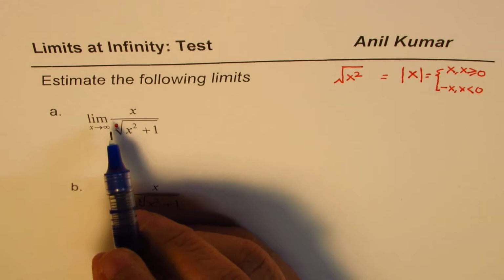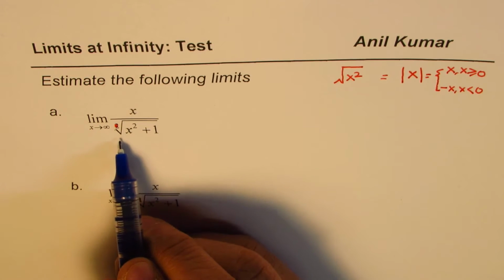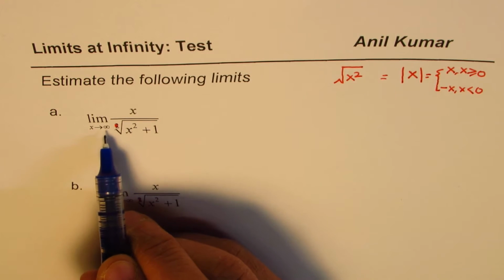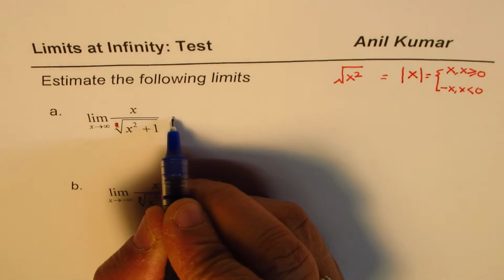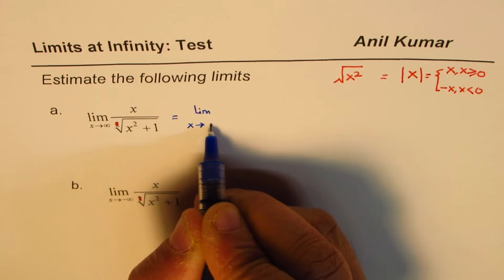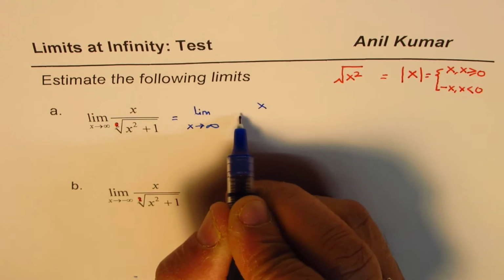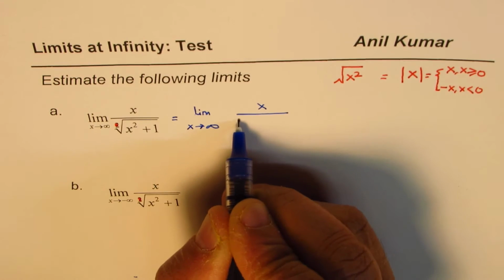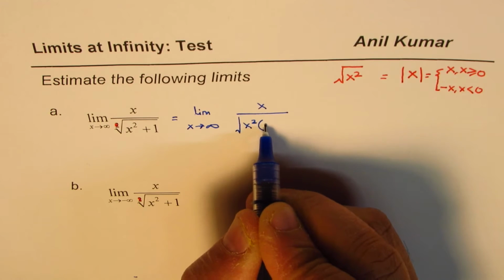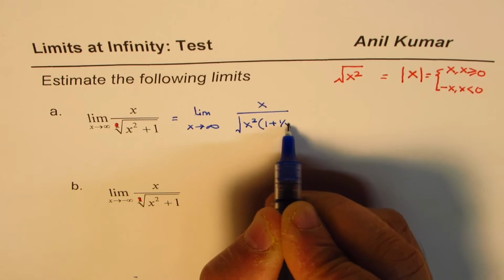So the first one here is limit x divided by square root of x squared plus 1, where x approaches positive infinity. Okay, so we can write this as limit x approaches positive infinity, x divided by, so within square root, we'll take x squared common, so we get 1 plus 1 over x squared, right?